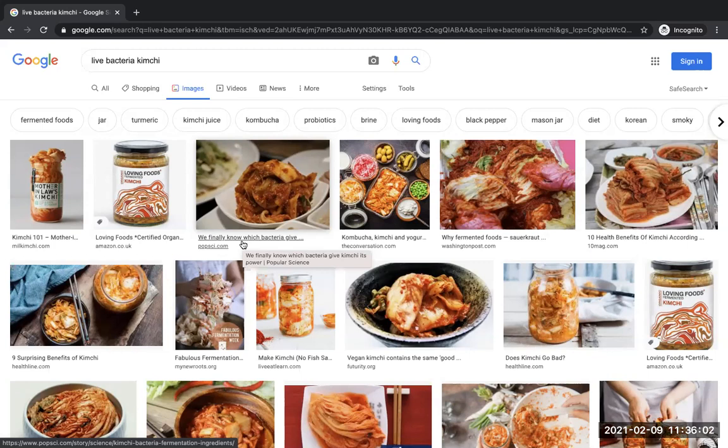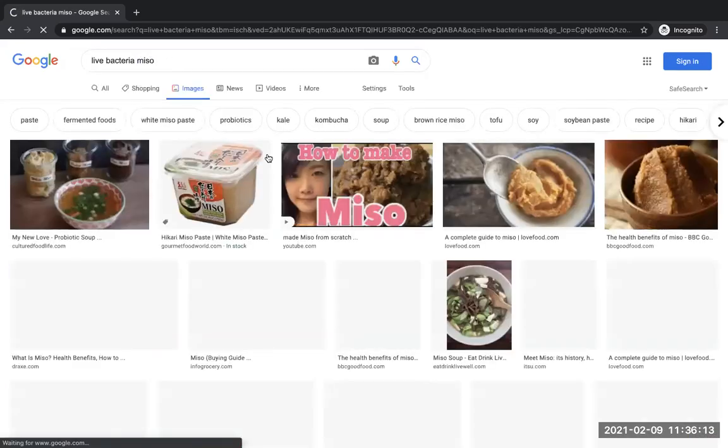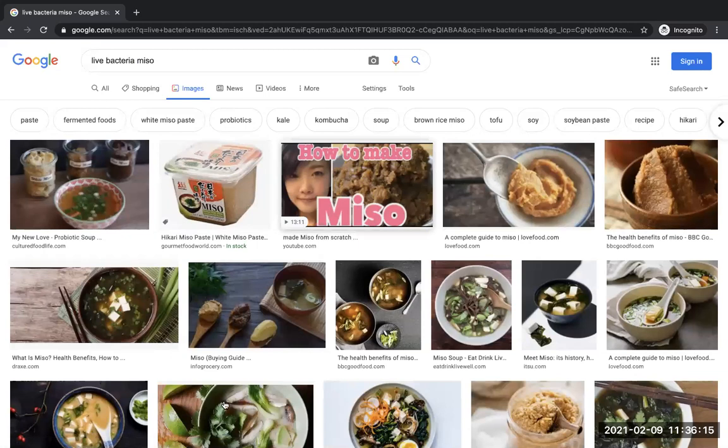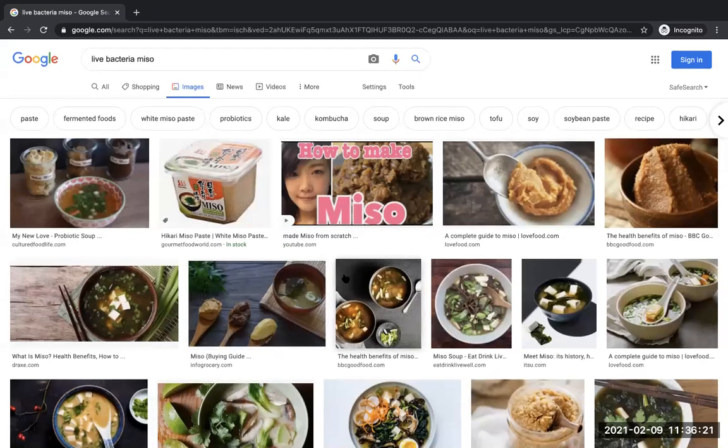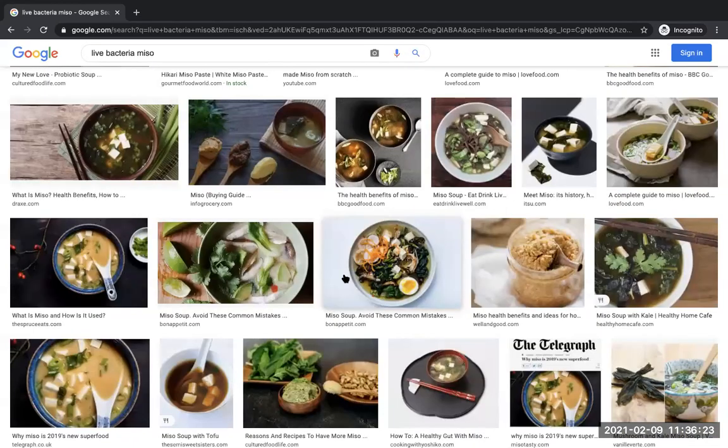So if you eat that, it's going to have a lot of bacteria and it's supposed to be good bacteria. So it's going to give you good digestive health. So that's kimchi, and also miso. These are soya beans. They let it ferment for a while, and when that happens, obviously there's bacteria that's breaking it down. If you eat that, that's going to give you good digestive health as well.